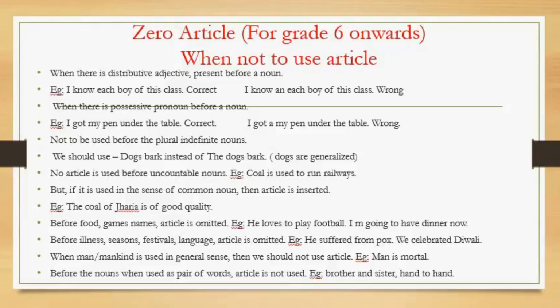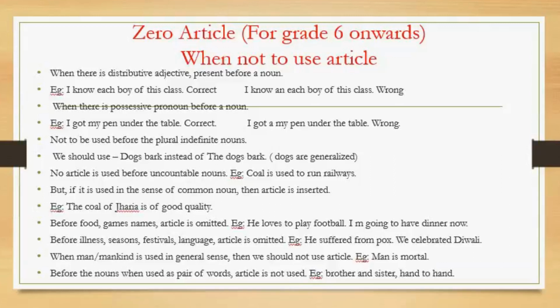Please don't do it. Before illness, seasons, festivals, language, the article is omitted. Let us see how it is used. He suffered from pox. We celebrated Diwali. These are good examples. But if you use an article here, it doesn't convey the meaning properly, or it looks very absurd.